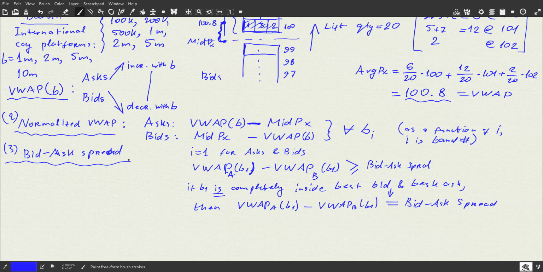Something like that, which is very elementary, but still you need to remember this mechanics, the order book microstructure.